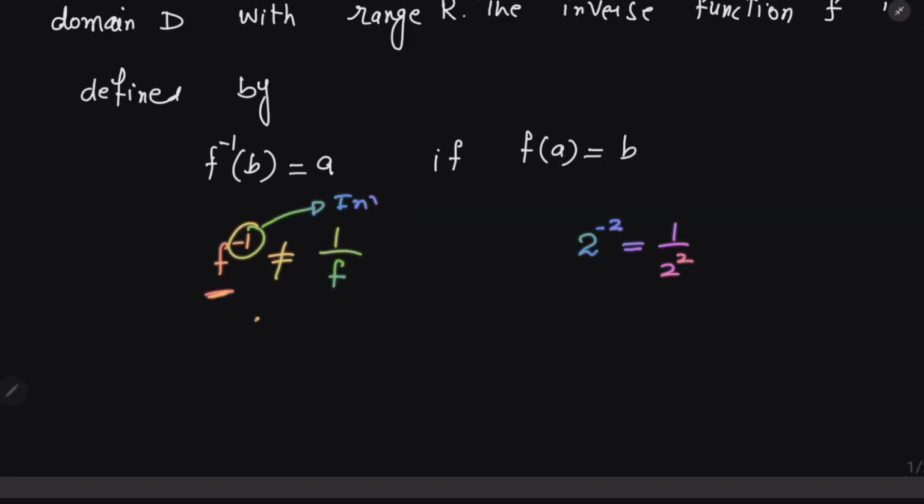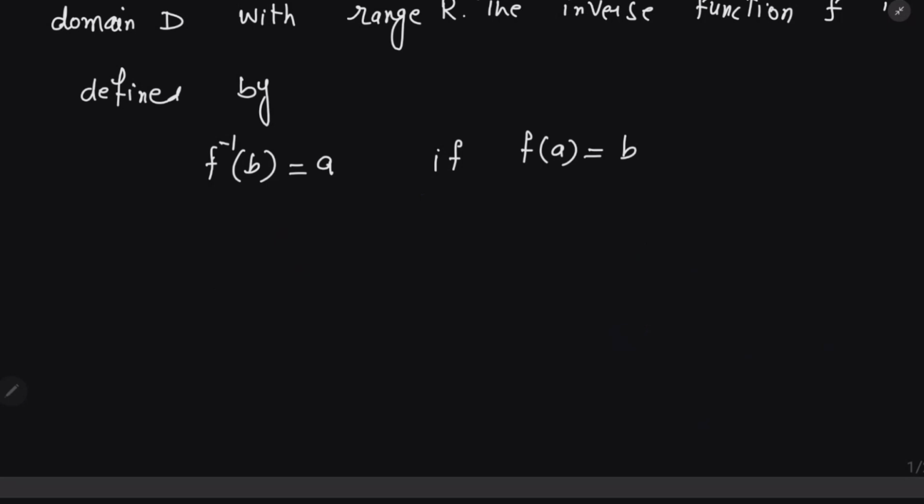The example I have given in the beginning was 2 raised to power minus 1. This was just a number. That's why we could have written this as 1 over 2. But when we have a function f and f inverse, then this f inverse cannot be written as 1 over f. This is the inverse function.